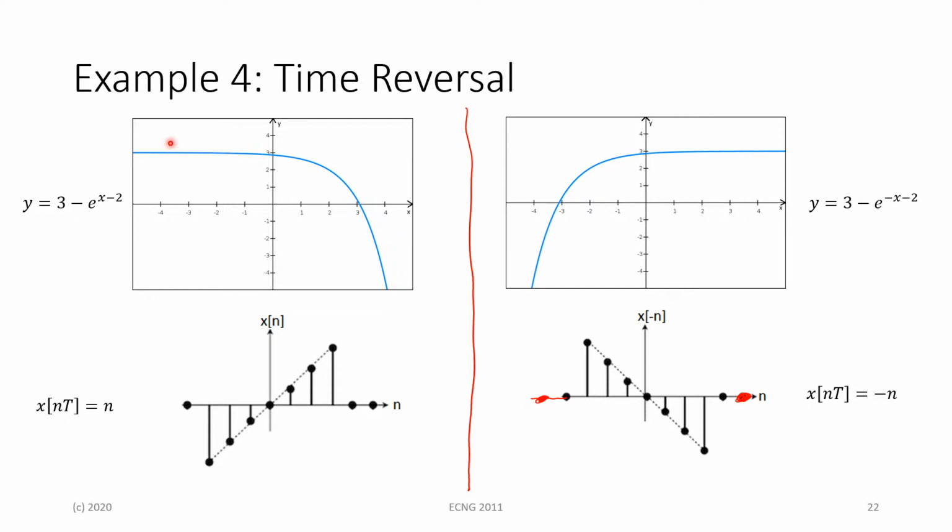And this part here, which is on the left hand side of the signal, is now going to be on the right hand side of the signal here accordingly. So it's just basically a mirror reflection of the signal. The same holds true for the discretized time signals as such. It's just basically to reflect the signal accordingly. That's all there is to time reversal.